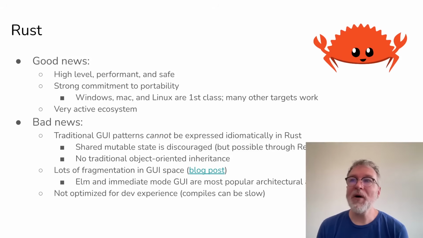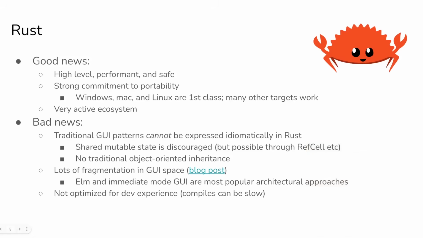So a huge part of this question of how do you build performant user interfaces is to use Rust. And there's good news and bad news here. The good news is that it is a really good language. It is high level, it is performant, which is key to the project, and it is safe.